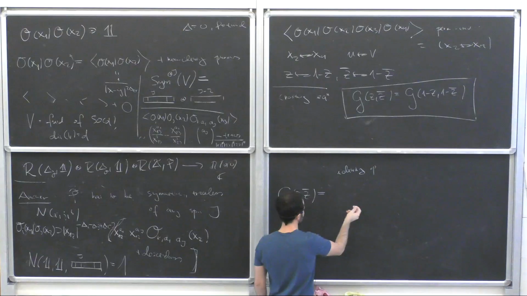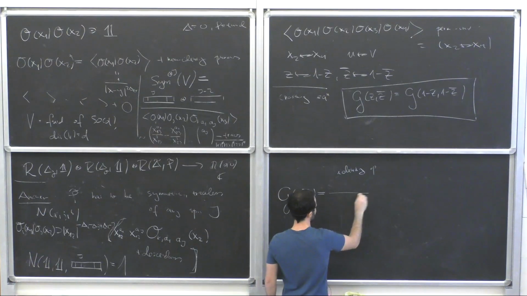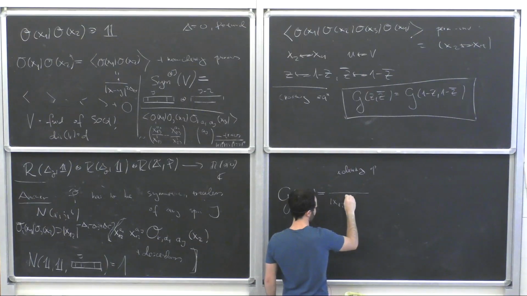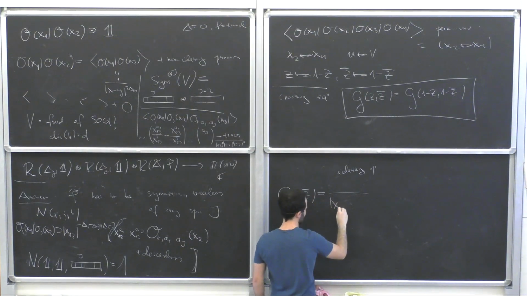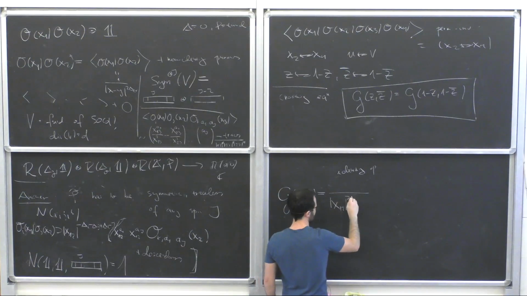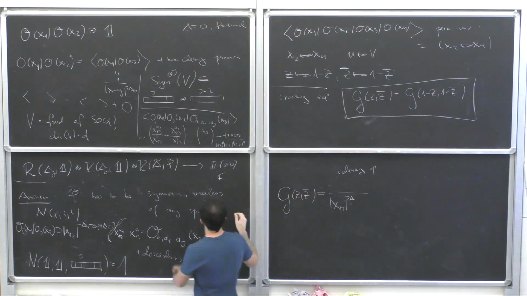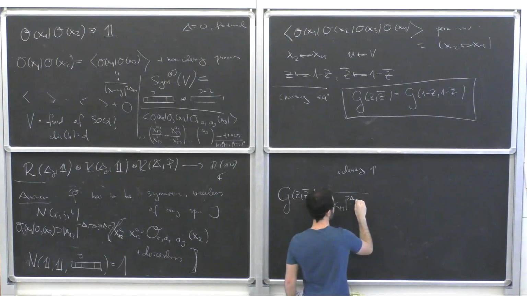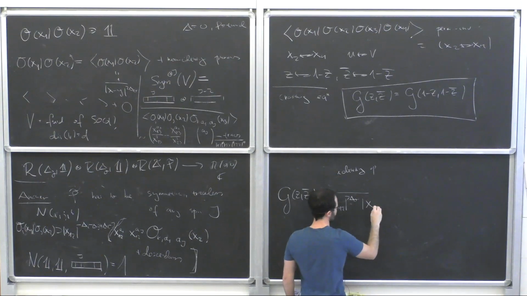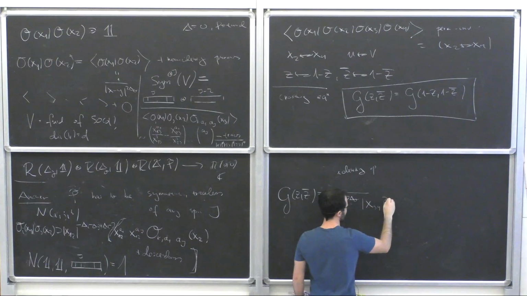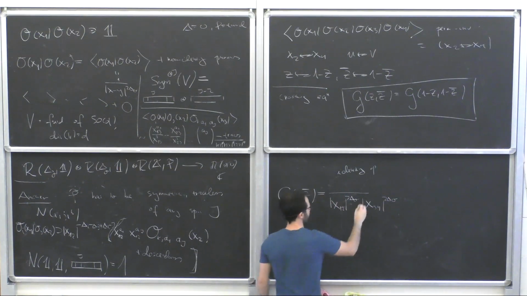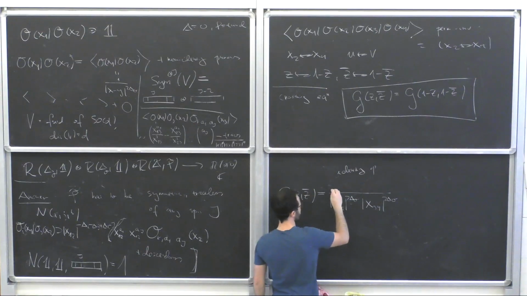So let's just do it. The identity would contribute x12 to the 2 delta phi, x12 to the 2 delta phi, and so on. This is the pair of 2-point functions, but we are dividing it by x13, x24.